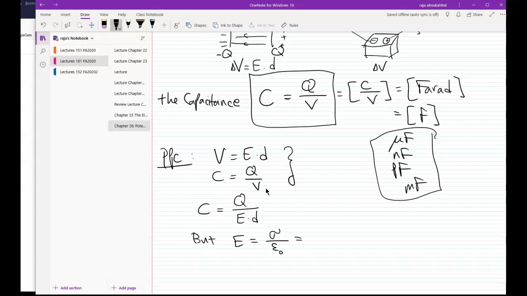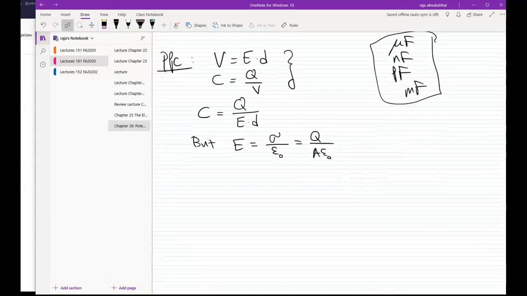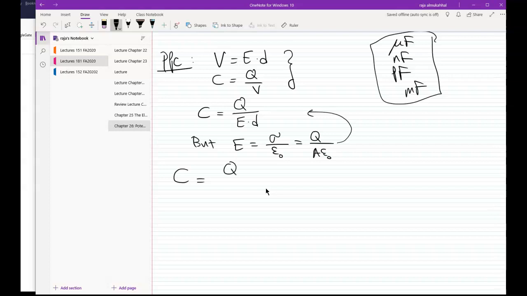Or I can say that it is Q over A epsilon naught. Okay? So what I want to do is take that and plug it back in here. So in this case, C becomes Q over Q over A epsilon naught, and a D.